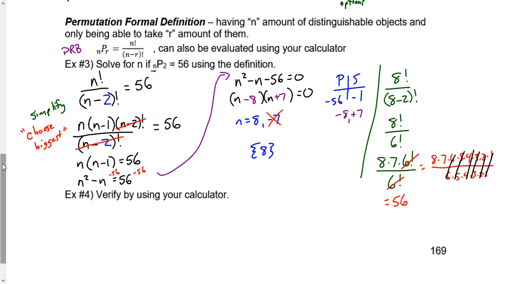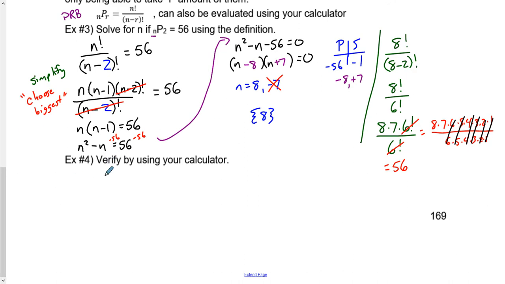But if I want to verify using my calculator, what I need to do is use that PRB button. So we're just going to check that 8 actually works. You need to type in the number 8, press the PRB button. Now, nPr is actually the very first option that shows up, so you can just press enter.